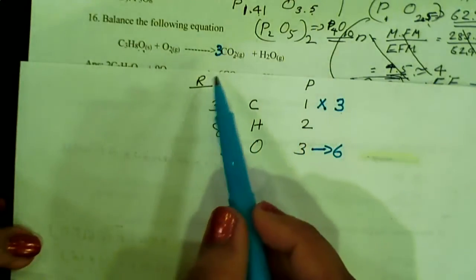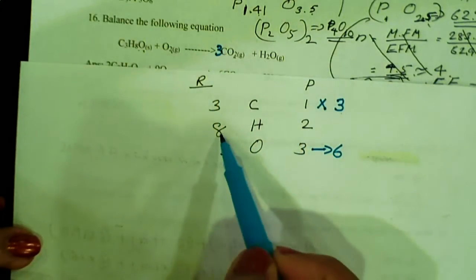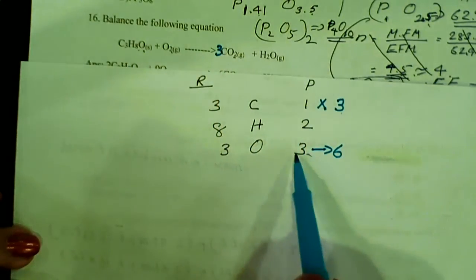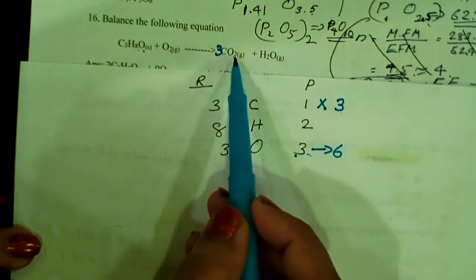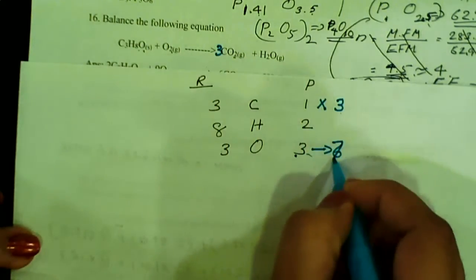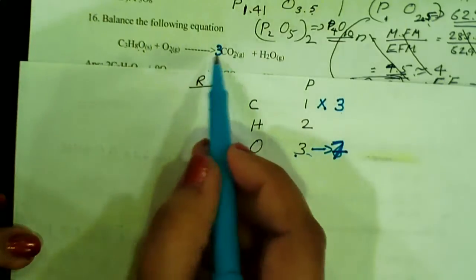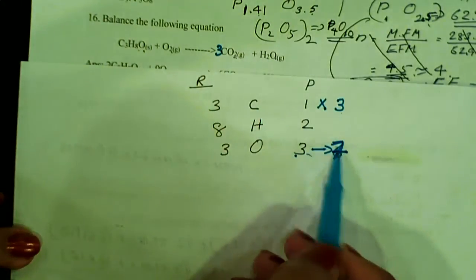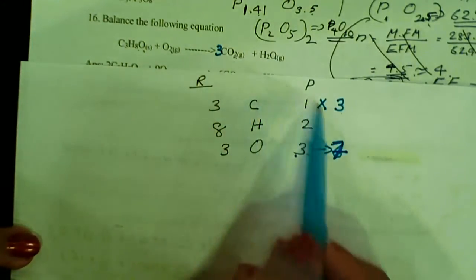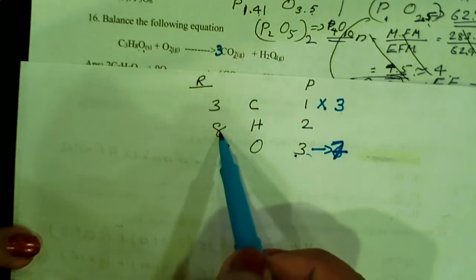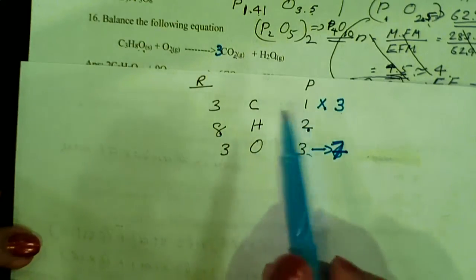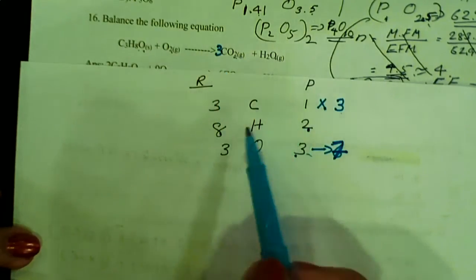C3H8O. So you have to put the integer as the coefficient for the compound that has the carbon. So it will be 3CO2. And then when you put the coefficient 3, that's going to change the number of oxygen to 6.